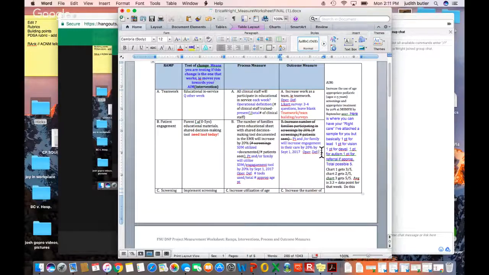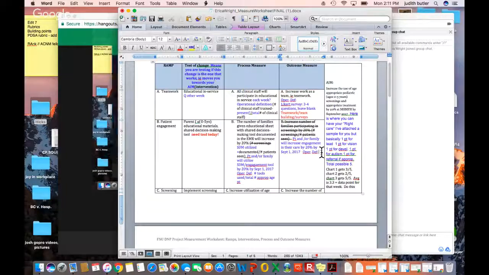Well, I guess I probably don't want to do the number of screenings, but the number of... This is not about screening. This is about engagement. Right. Because the first one we said we're going to use the number of shared decision making over the total number of people, total number of kids.